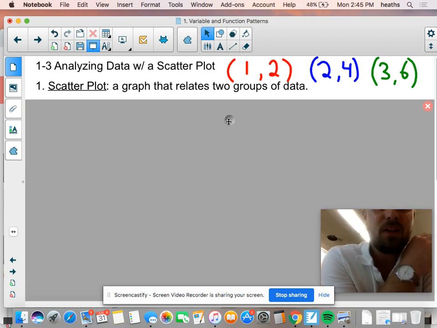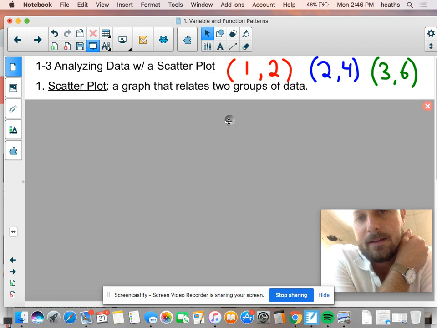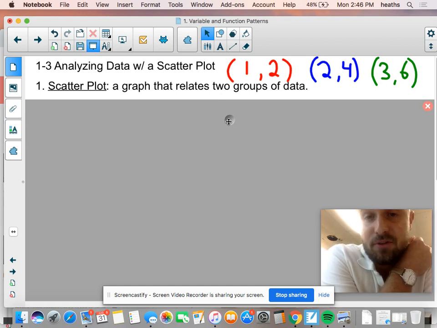So a scatter plot is a graph that relates two groups of data. If you look at the information written in red, you notice that there's two numbers there, 1, comma 2.